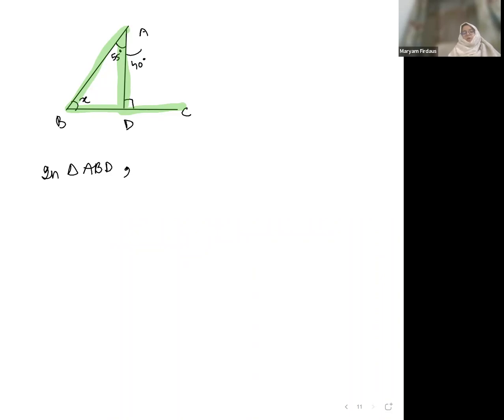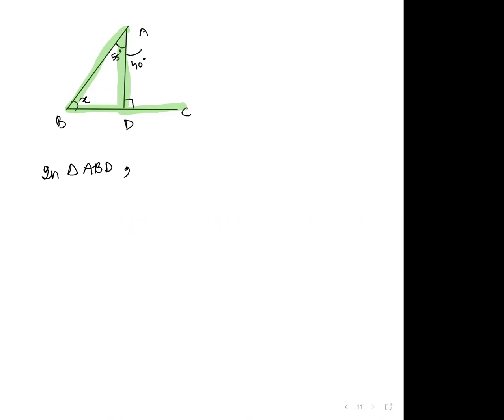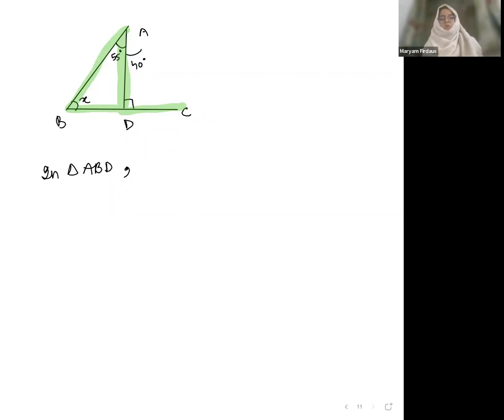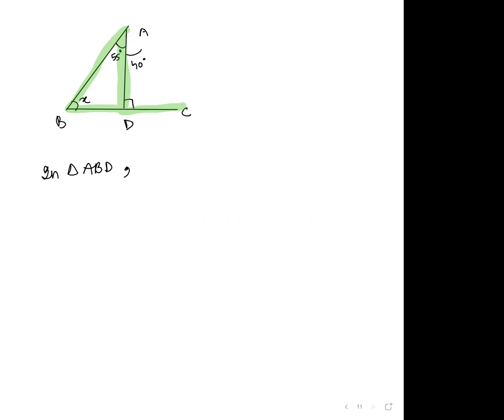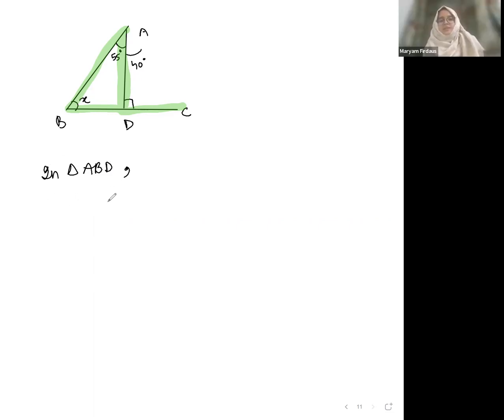Hiba, what does the exterior angle property say? The sum of the exterior angle is same as the interior angle. No. The exterior angle is equal to 55 plus x plus 90. Hiba, the exterior angle property says that the sum of the two interior angles x plus 55 is equal to the exterior angle.